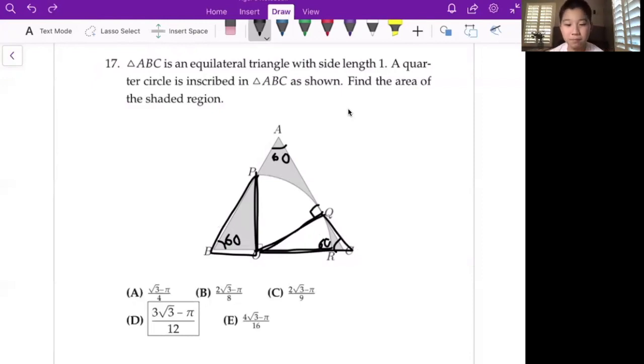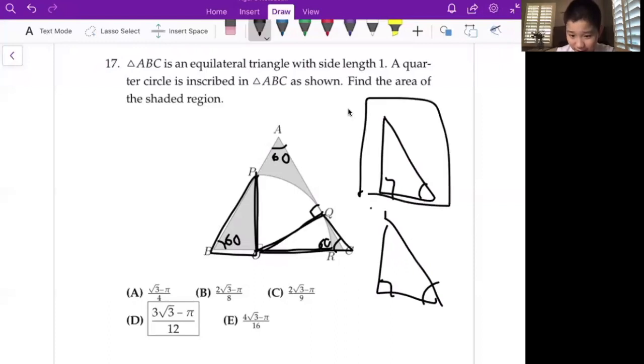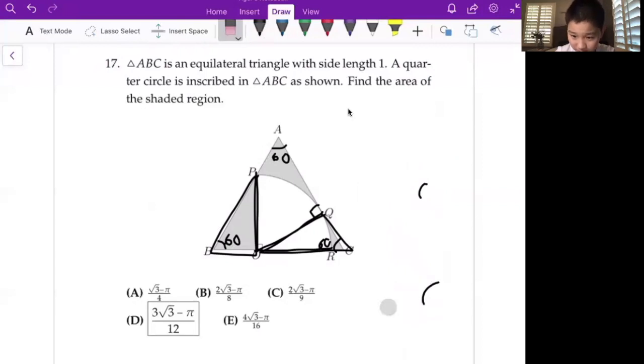Are they the same? Well, we've seen that two angles are the same in both of these triangles, but that doesn't mean anything yet. It means that they're similar, actually. It does mean something that they're similar, but they're not the same size. Maybe one is this, one is this. Yeah, the angles are still the same.